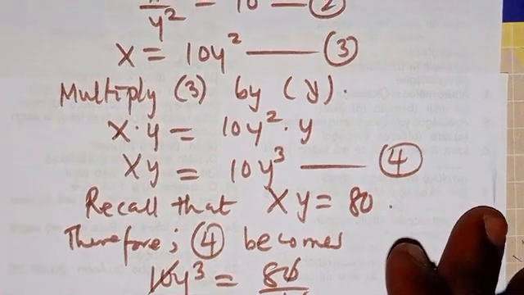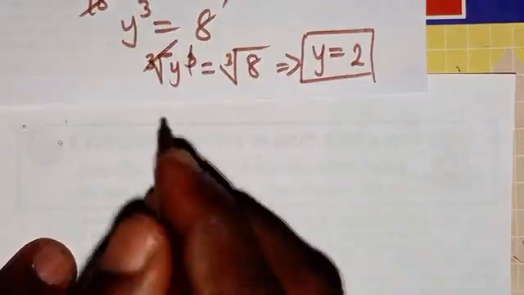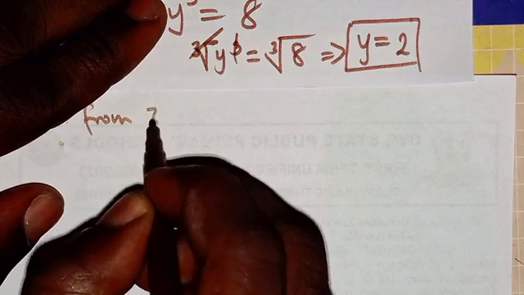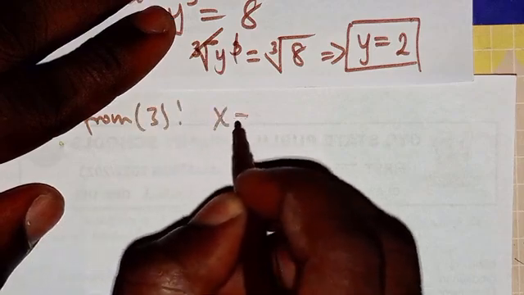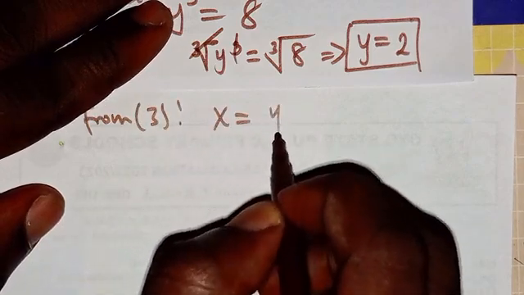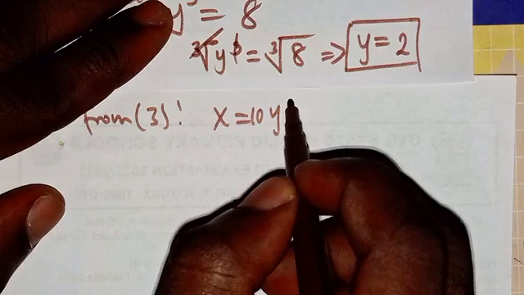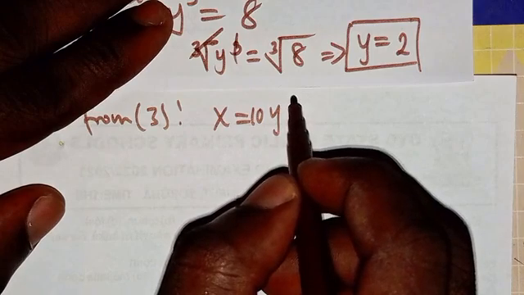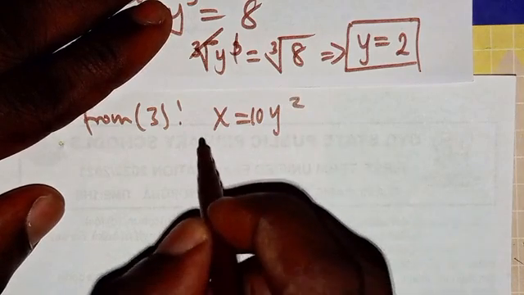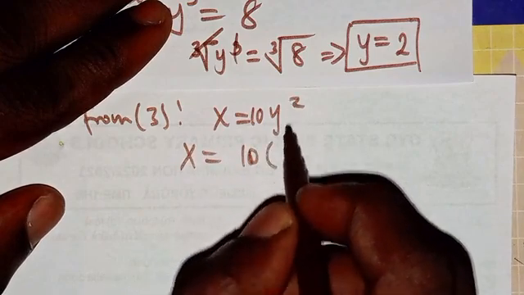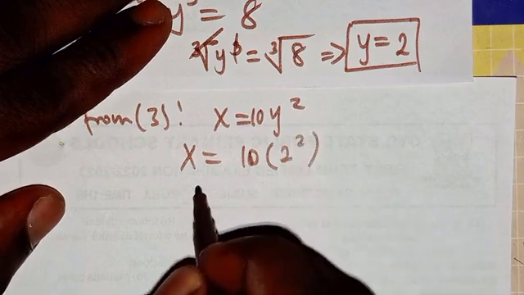So I'm going to pick x from 3: x equals 10 multiplied by y to the power 2, which is 2 to the power 2.